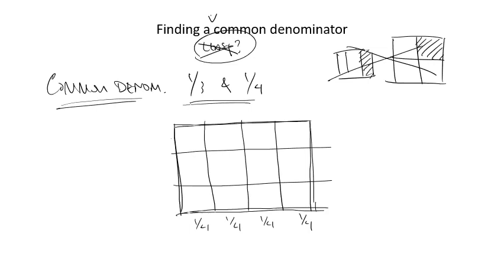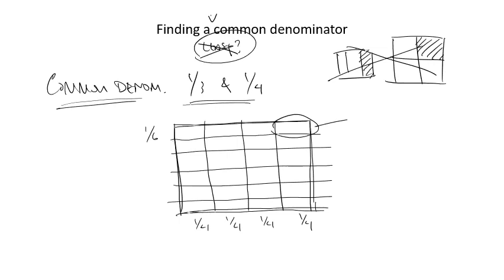So if I were to go through and put these lines in, so now these are all 1/6, right? So one piece here is going to be how much? Well, it's 1, 2, 3, 4 by 1, 2, 3, 4, 5, 6. So we know that this is 1/24.